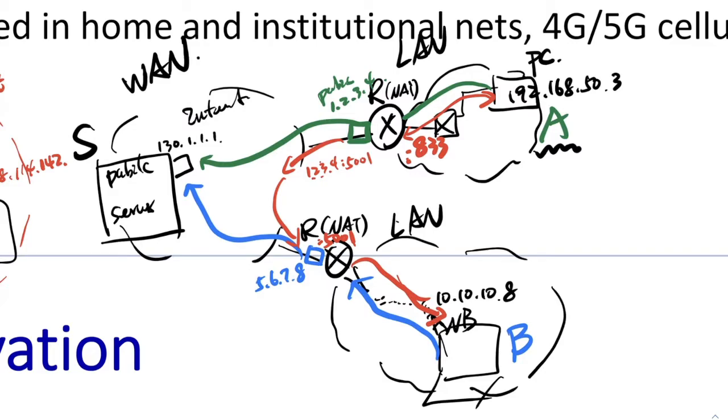Because if A would like to talk to B, A needs to know B's public IP address, which is 5.6.7.8.